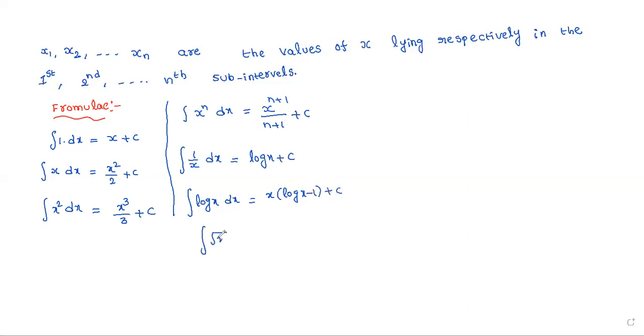Integration root x dx is 2 by 3 x power 3 by 2 plus c. Integration 1 by root x dx is 2 root x plus c.